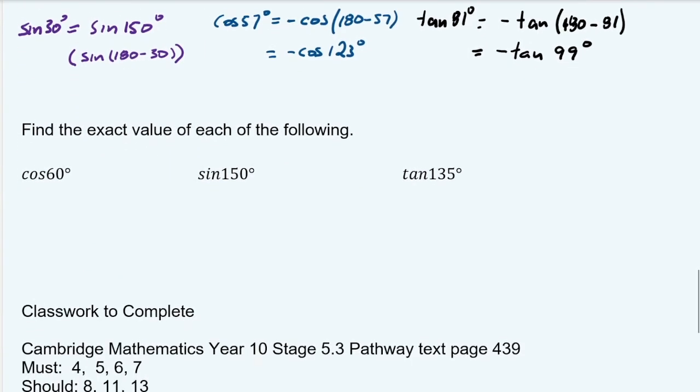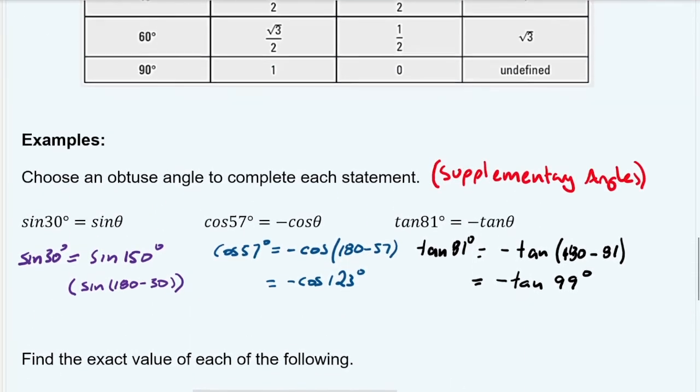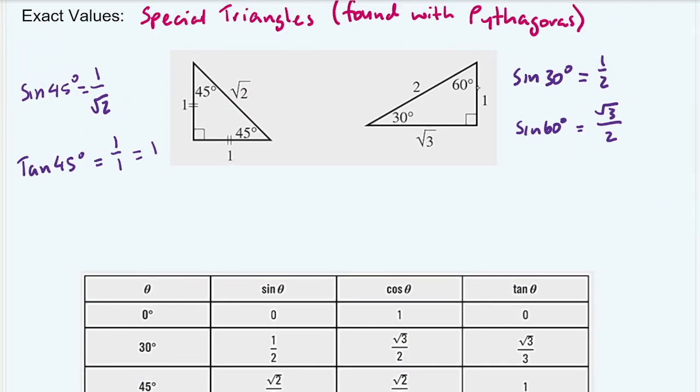All right, last three little bits. Let's find the exact values of the following. We've got cos of 60 degrees. So if we go back up to our triangles, cos of 60 degrees. Well, there's 60.